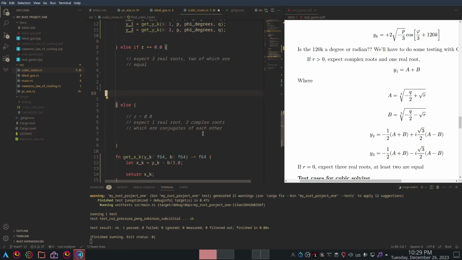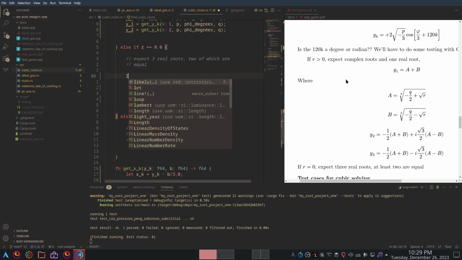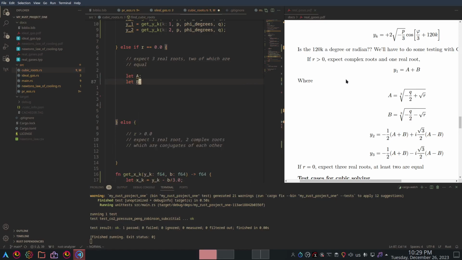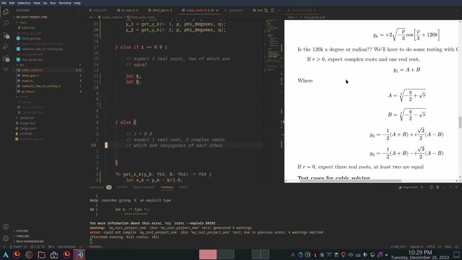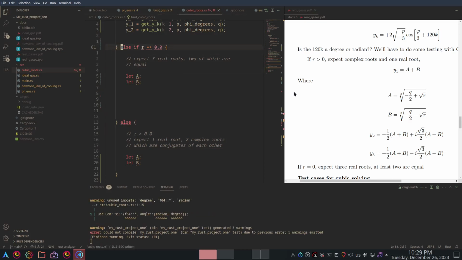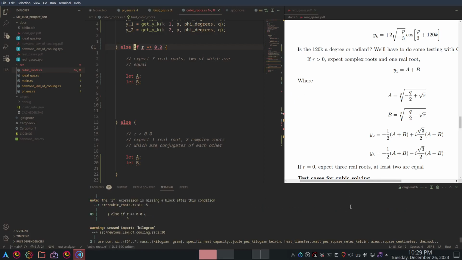Okay, this is not important in the r equals to 0 case. So the r is more than or equals to 0. Then we need to calculate a and b. Let a, let b. Okay, I'm going to copy and paste it into the r more than 0 case because I suspect the calculation procedure for r more than 0 and r equals to 0 is pretty much the same. And actually, if that's the case, I can just change the sign as such. Let me see whether the greater or equals to 0 actually works.